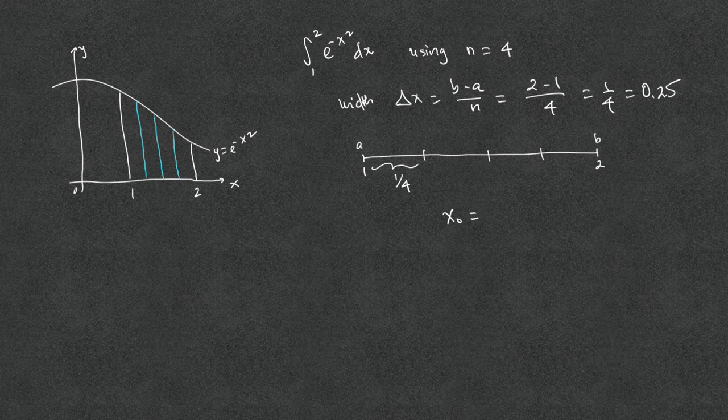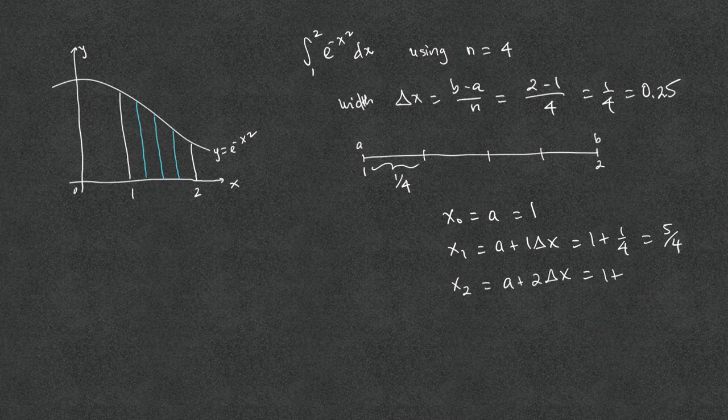Thus, x sub 0 is always a, the lower limit of integration. x sub 1 is a plus 1 delta x, which is 1 plus 1/4, 5/4. x sub 2 is a plus 2 delta x.